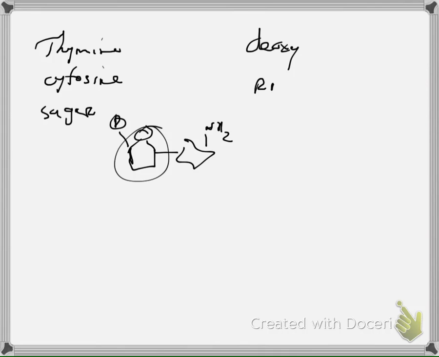In RNA, it is called ribose. And regardless, the base is still bonded to that sugar, and the phosphate is also bonded to that sugar. All right, the base called blank is never found in DNA, but it's only found in RNA, and that would be uracil.